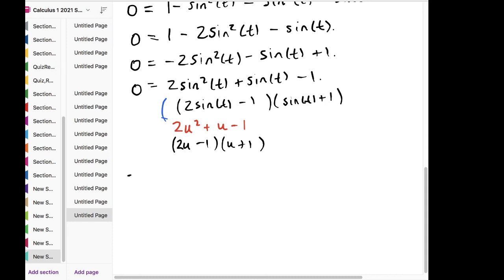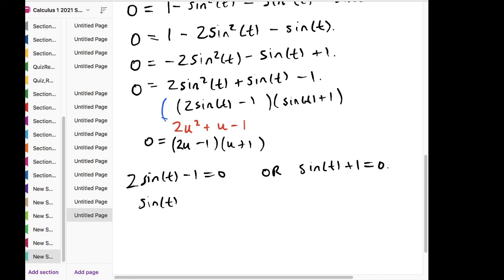We have 2 sine of t minus 1 equals 0, or sine of t plus 1 equals 0. So we have sine of t equal to 1/2, or sine of t equal to negative 1.